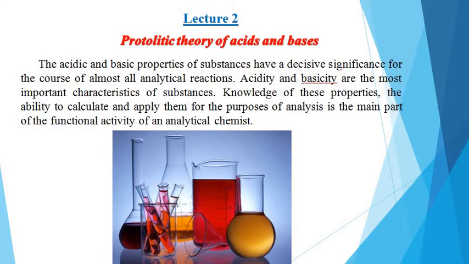Acidity and basicity are the most important characteristics of substances. Knowledge of these properties, the ability to calculate and apply them for the purposes of analysis, is the main part of the functional activity of an analytical chemist.